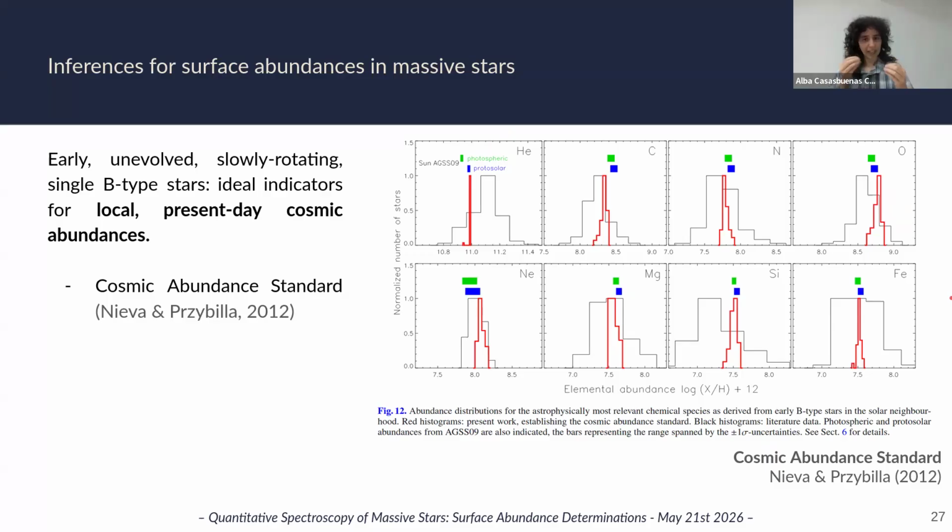And here we can also see what we were talking about before: with good atomic models and a reliable list of diagnostic lines, we can really narrow down the scatter of abundances in the stars.